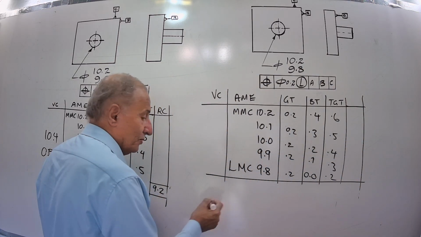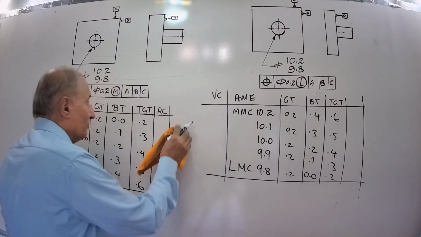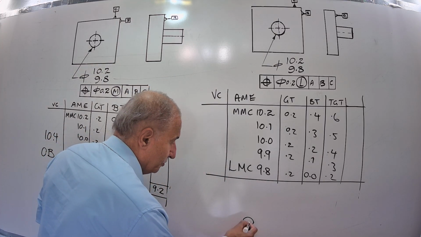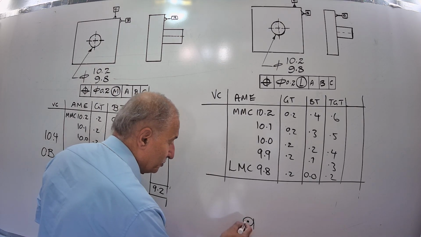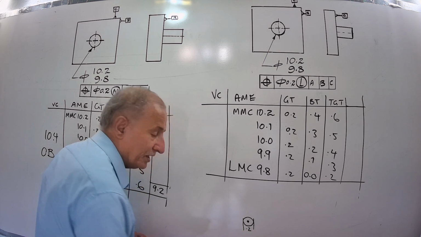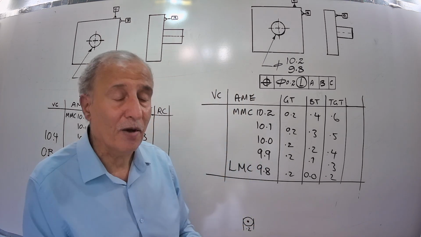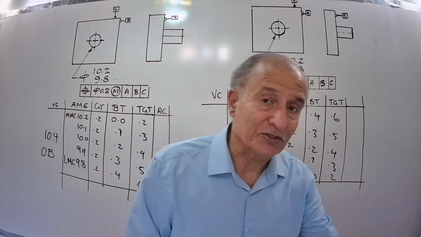Let me draw. I can remove this table just here. Let me draw 0.2. This is the true position of the axis, and this is the zone. The 0.2 size is 0.2. Each side is 0.1: 0.1 left, 0.1 right, 0.1 top, 0.1 bottom. It can be displaced.